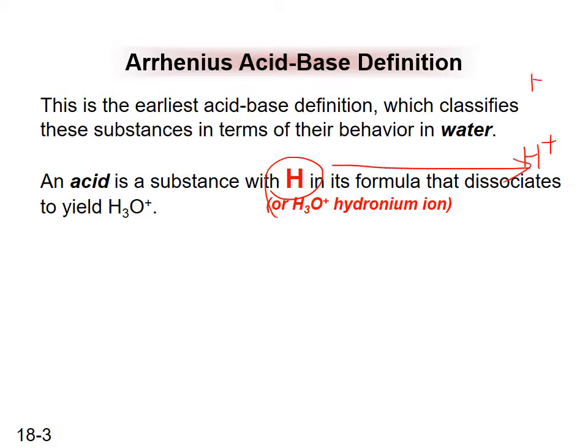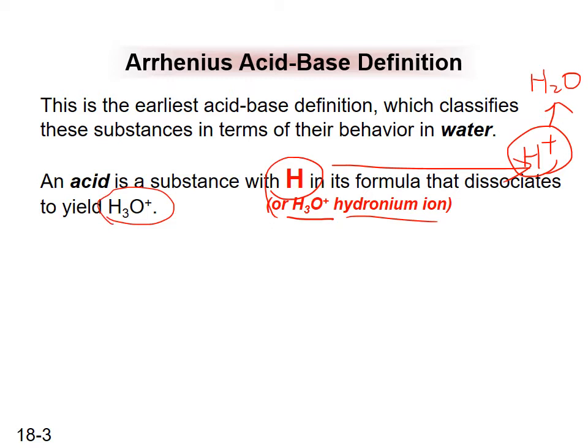In water, there's lots of water molecules, H2O. The hydrogen ion that dissociated from acid combines with water to form H3O+, called hydronium ion. So it is more precise to say an acid dissociates to yield hydronium ion in water.